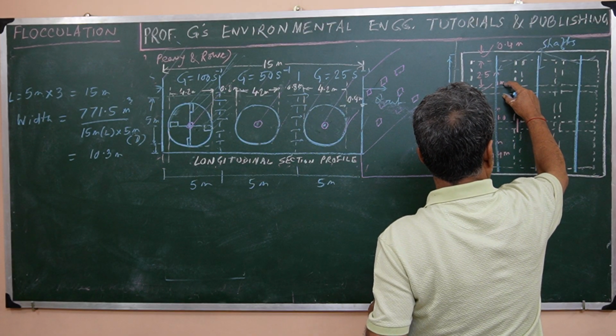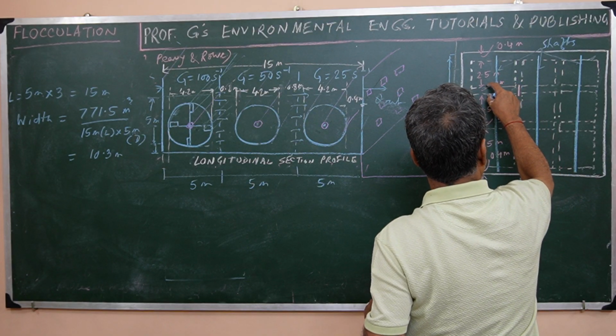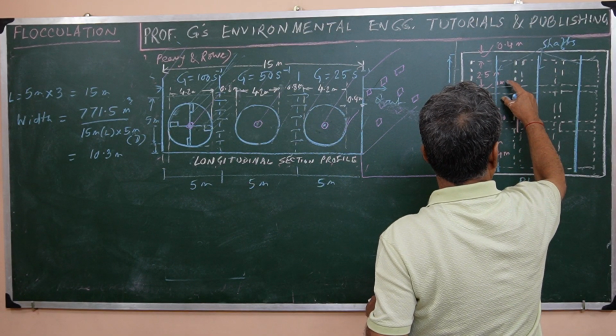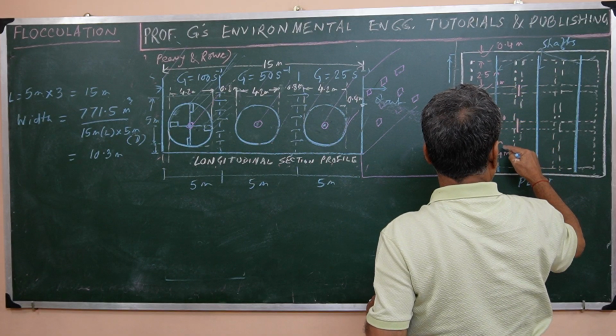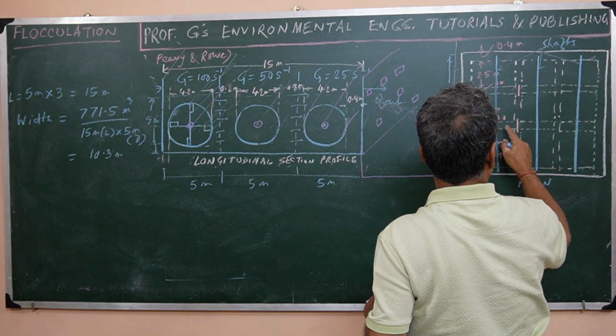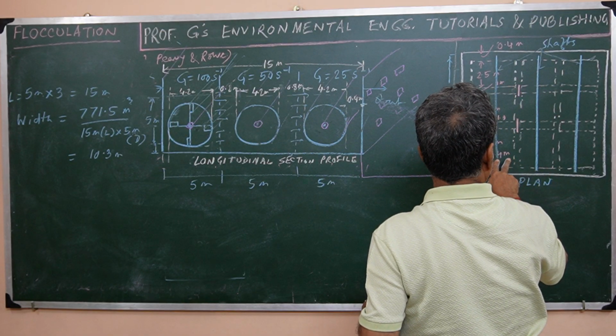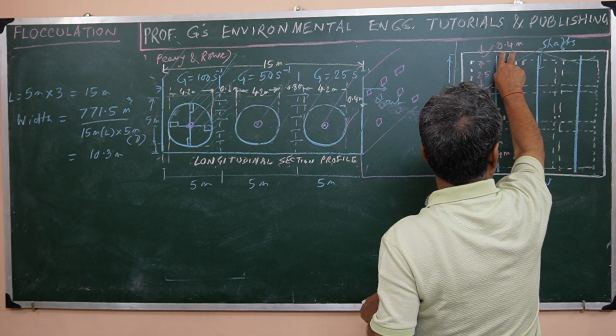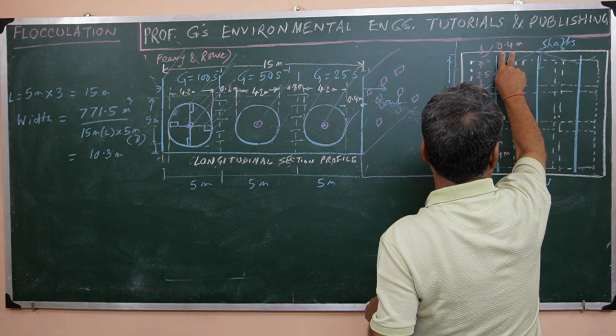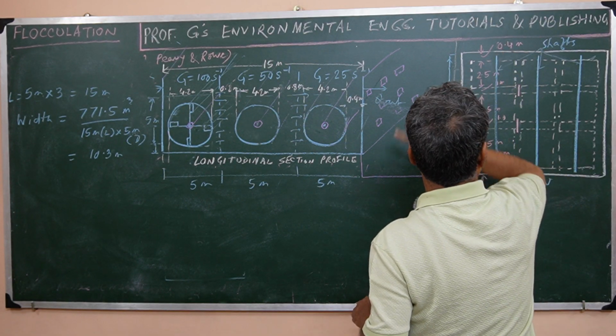Here the division, the partition wall, that is actually 1 meter, 1 meter, so 2, 9.5, 9.9, and plus 0.4 this side. So 10.3 will be the width.